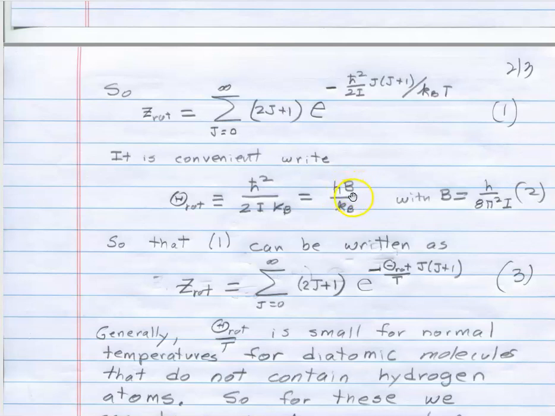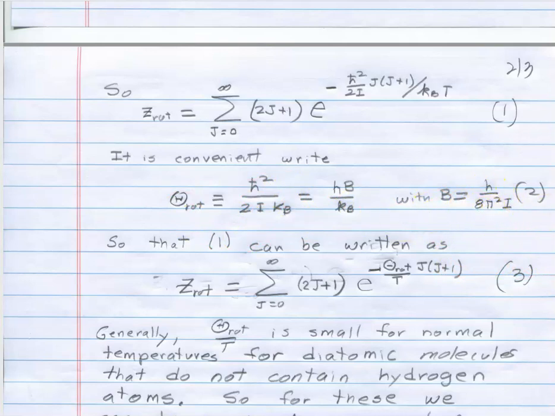In this case, this factor of b has to have units of reciprocal seconds. h has units of joule seconds, and so if b has units of seconds inverse, then this top has units of energy, and kb has energy per Kelvin, and so the energies will cancel out, and this all comes out to be in Kelvin. Here, b in terms of this notation is just these factors here.